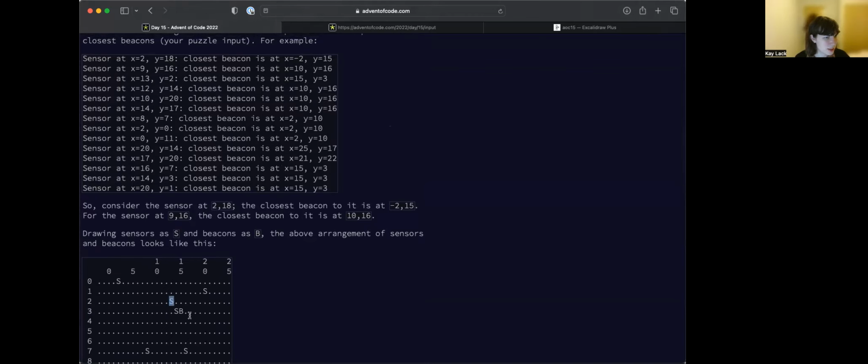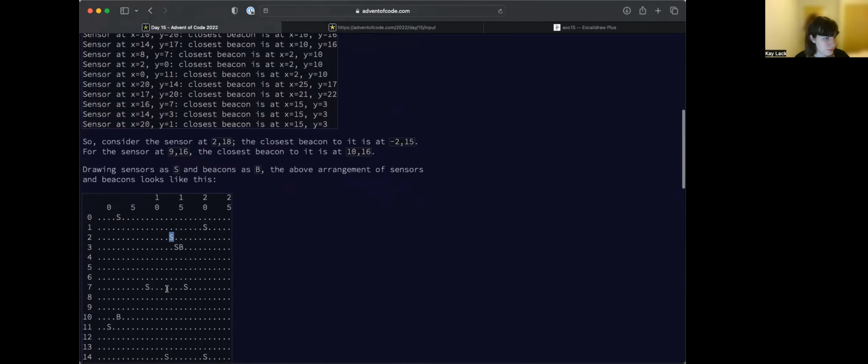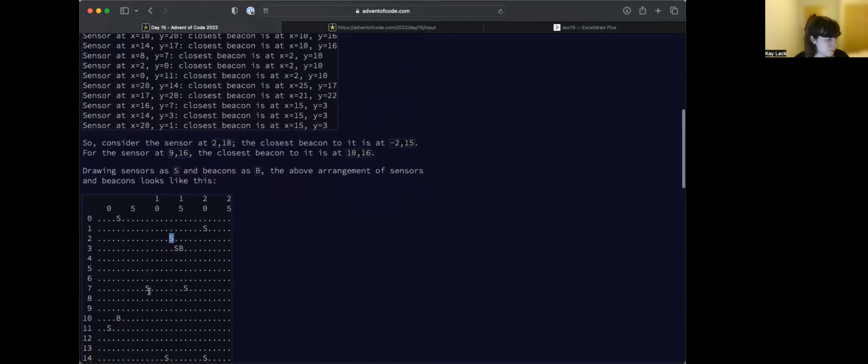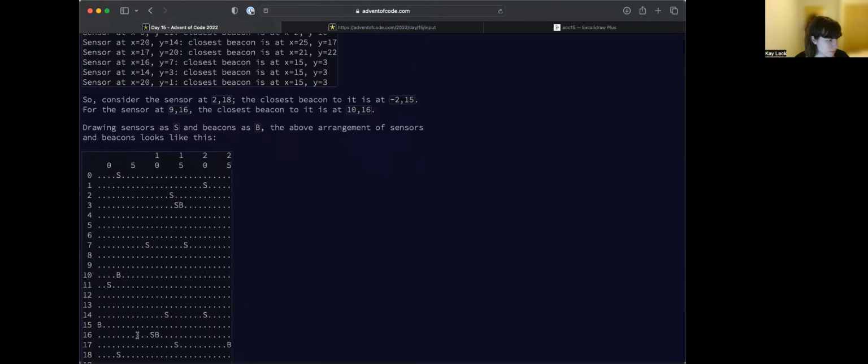The closest beacon to it is at -2 X. Okay. For the sensor at 916, what?